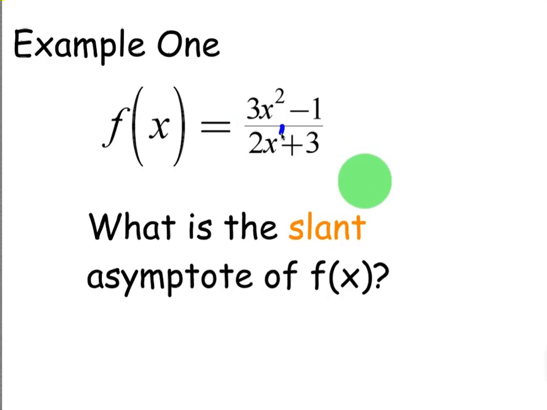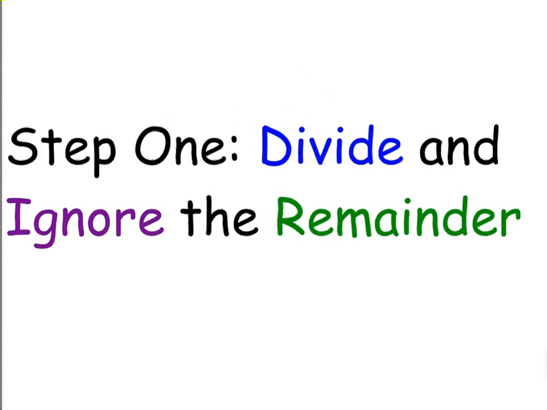Okay, so that means we can find it. And I've already alluded to how we're going to do this, but basically you're just going to do long division. All right, division problem now. This is our numerator, this is our denominator, so it's going to go to the left of the fraction bar. Basically, it's pretty much one step, okay?